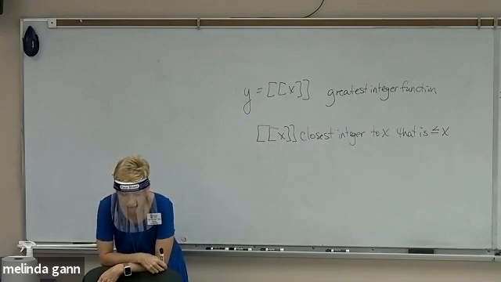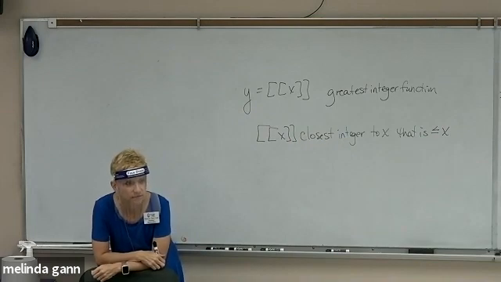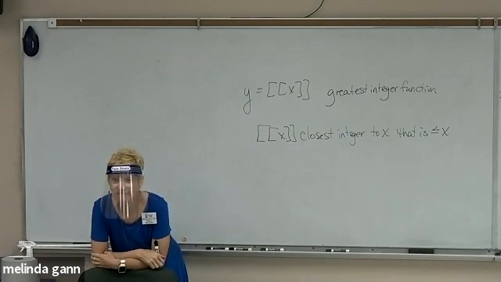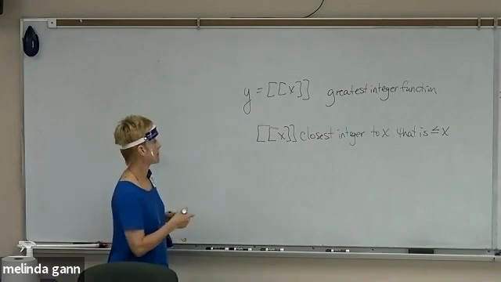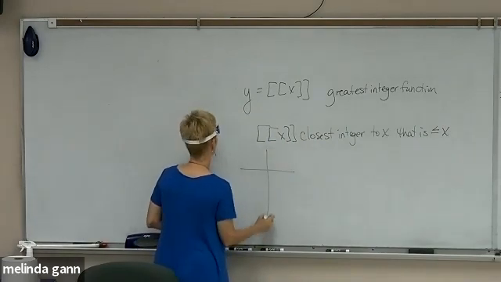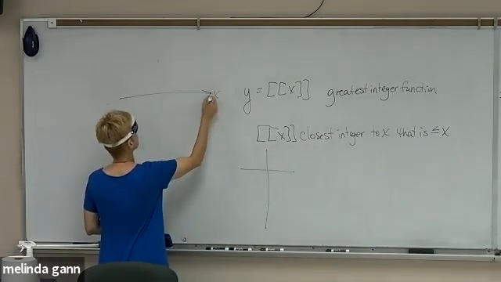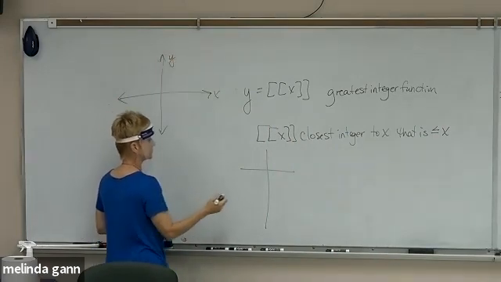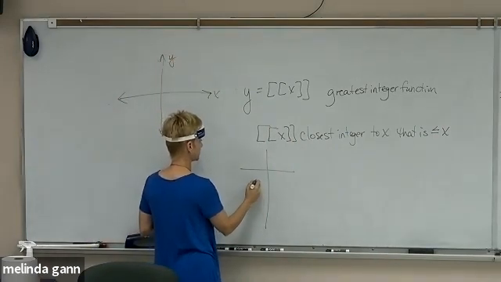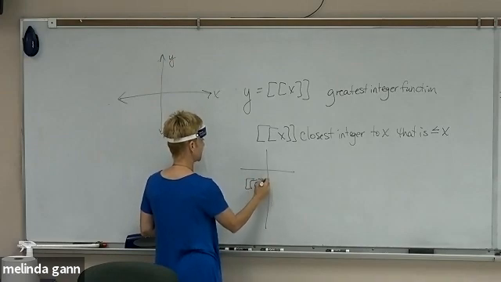Now, what I need you to think of is The Price Is Right. So it's the closest one without going what? Over. So if I need to graph it, what if I plugged in 0?